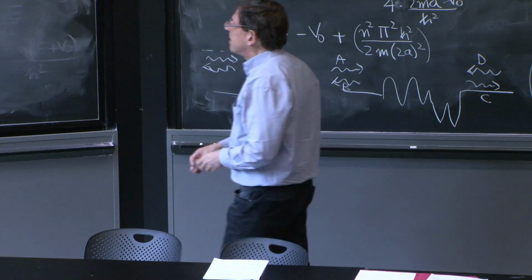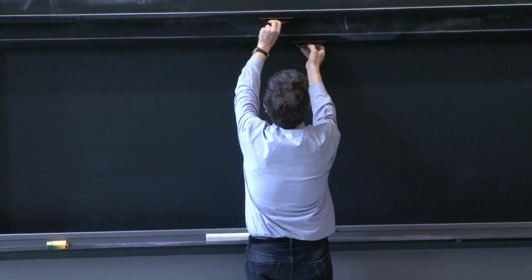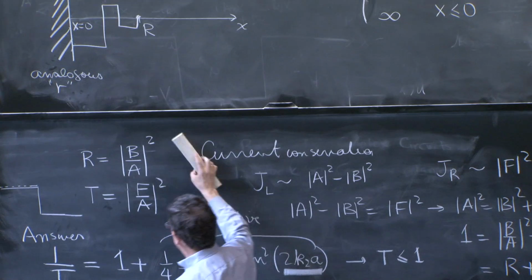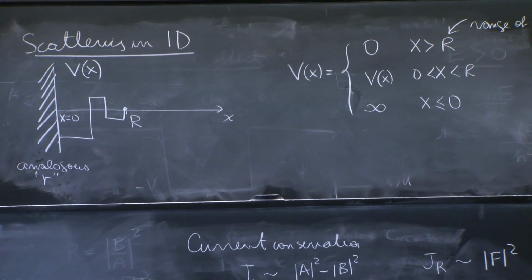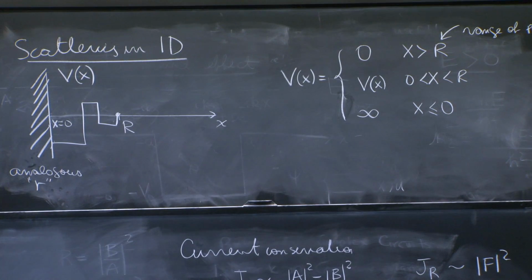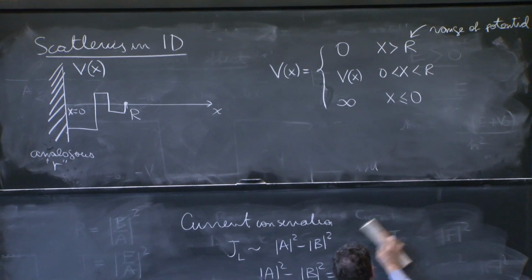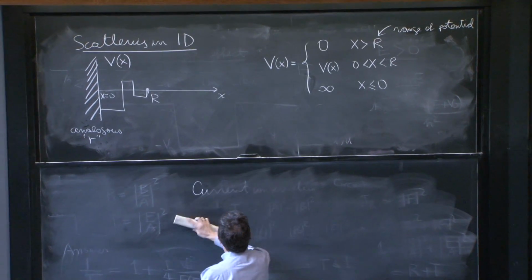So to begin this, we'll solve the simplest case when you have no potential whatsoever. Now, no potential means still the barrier at x equals 0, the infinite barrier, but in between 0 and r, nothing is happening.